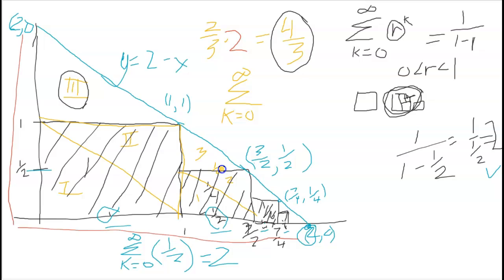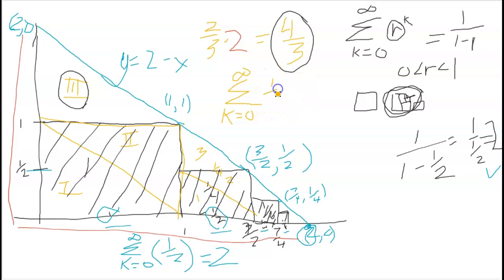It's a square, a 1/2 by 1/2 square, so that's 1/4. And then the next one, well, we shrank the lengths by a factor of 2, so we're shrinking the area by a factor of 1/4. And then again, since we're halving each side, we're quartering each area.